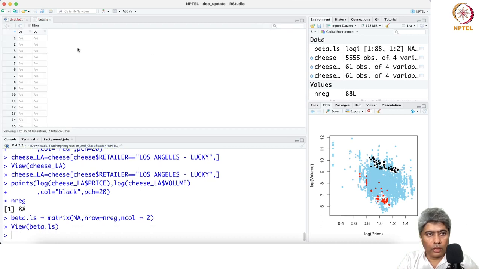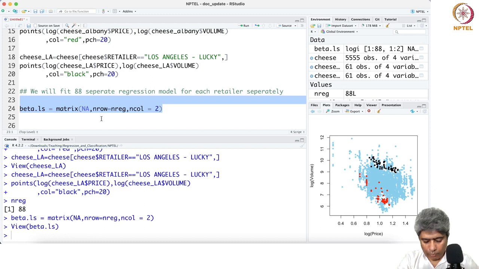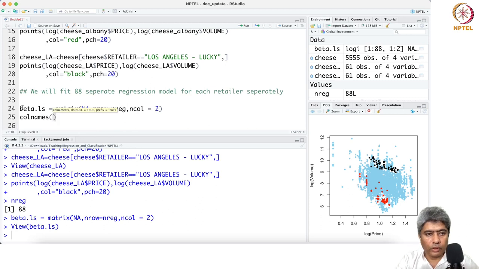This is my beta, I'm just creating a placeholder, and colnames will be, first is intercept, and the second is log price.